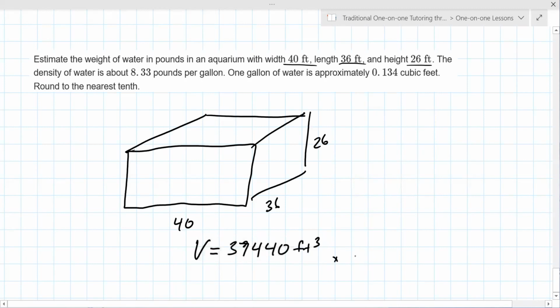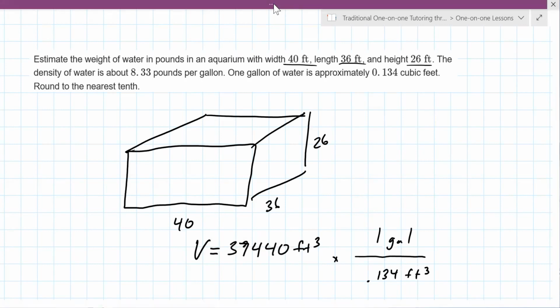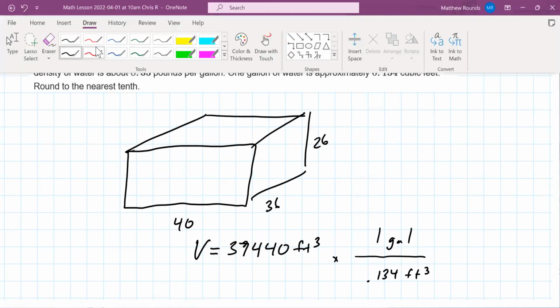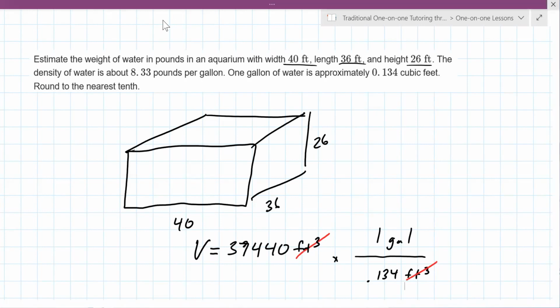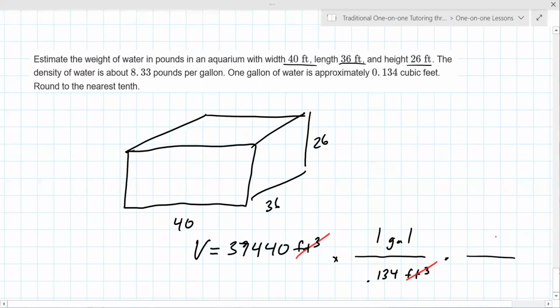Okay, so now it becomes a unit conversions problem. They tell you that 1 gallon of water is 0.134 feet cubed. I think we've done problems like this where you've seen the units cancel. And then they furthermore say the density of water is about 8.33 pounds per 1 gallon.